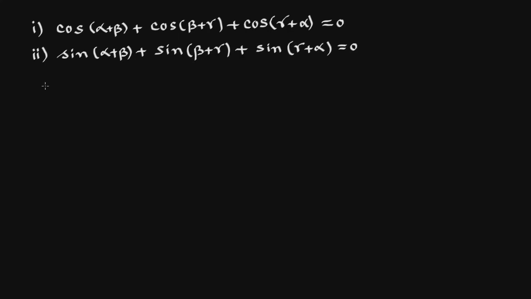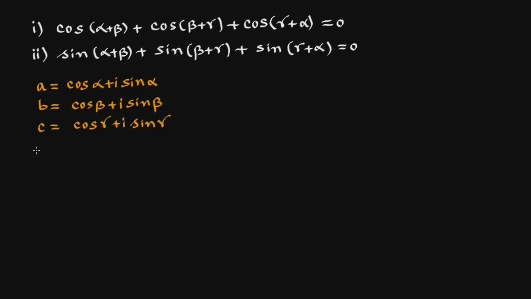From earlier discussion we have A = cos α + i sin α, B = cos β + i sin β, and C = cos γ + i sin γ, and A + B + C = 0, and AB + BC + CA = 0.